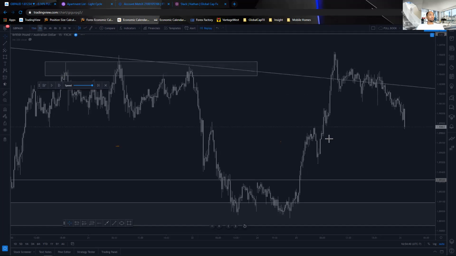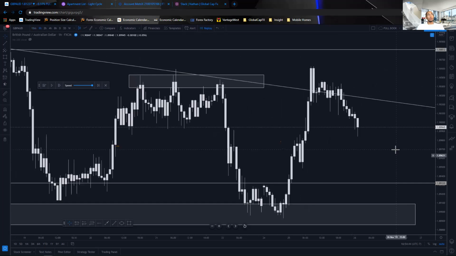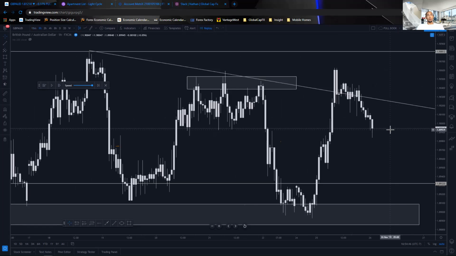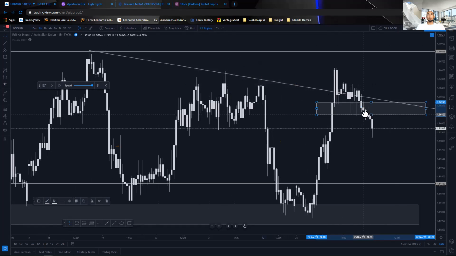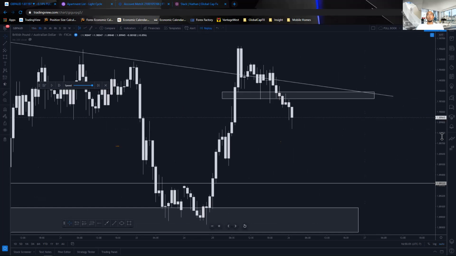There we go. So would you have entered this trade or no? What do you think you would have done? I might have entered after seeing some rejection here. Gotcha.